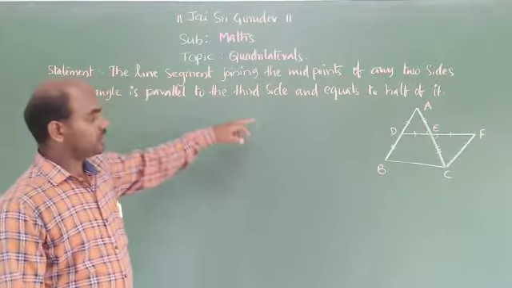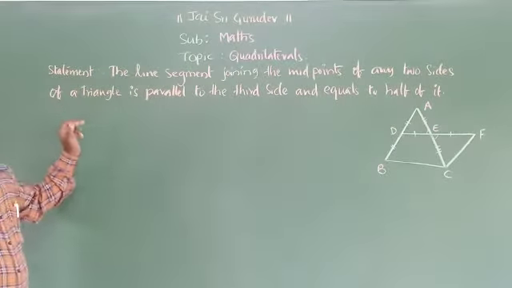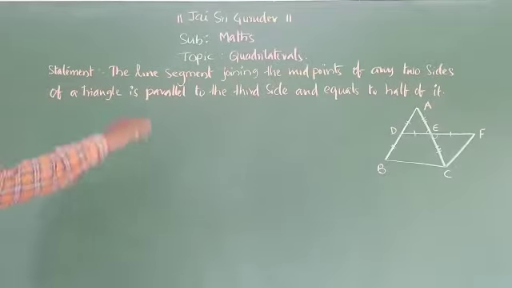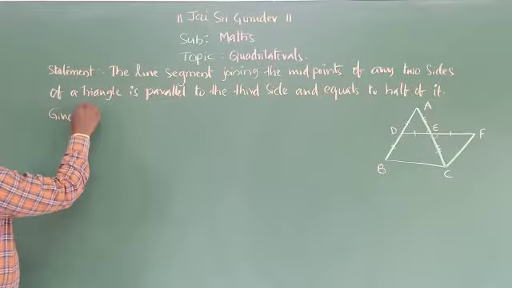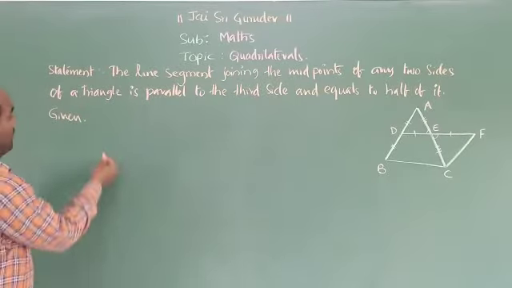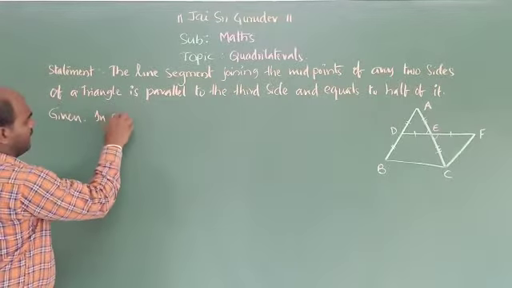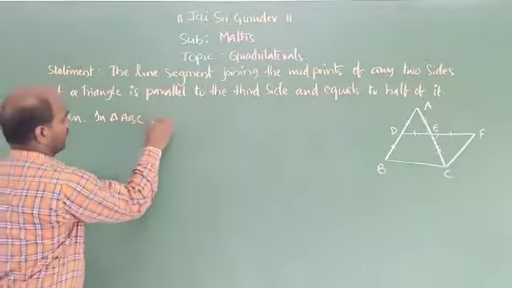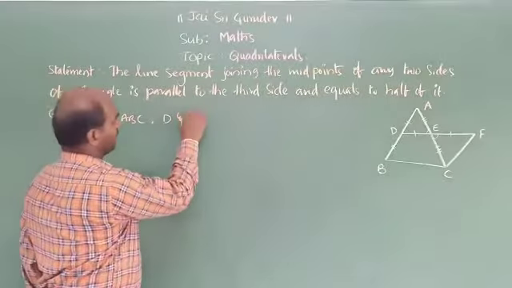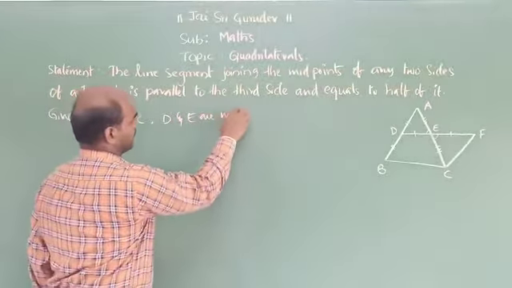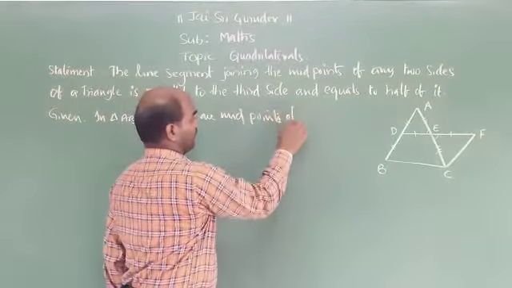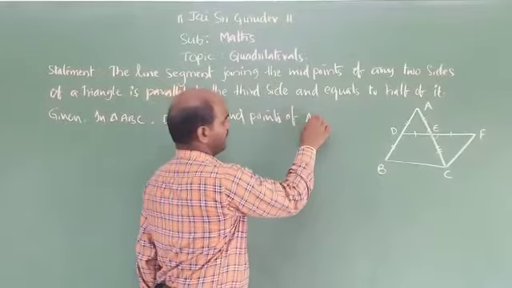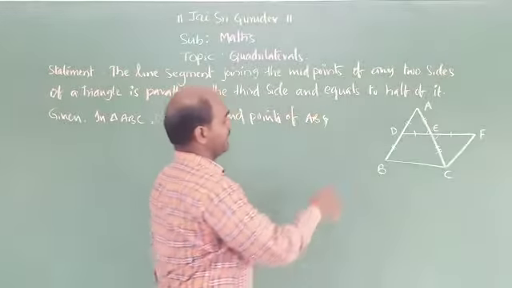So shall we go for the proof of the theorem, children? Now the statement is completed. What is given, children? In triangle ABC, D and E are midpoints of AB and AC.